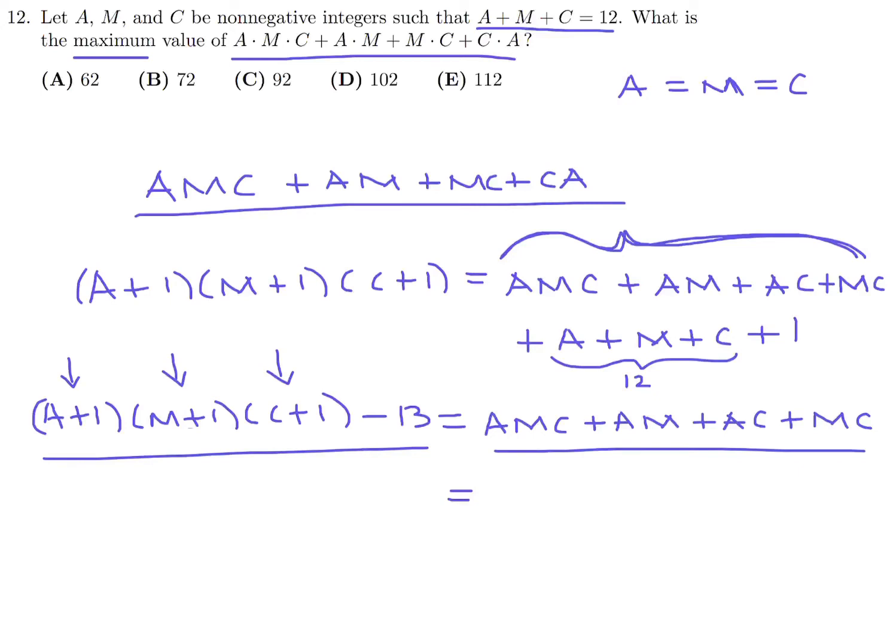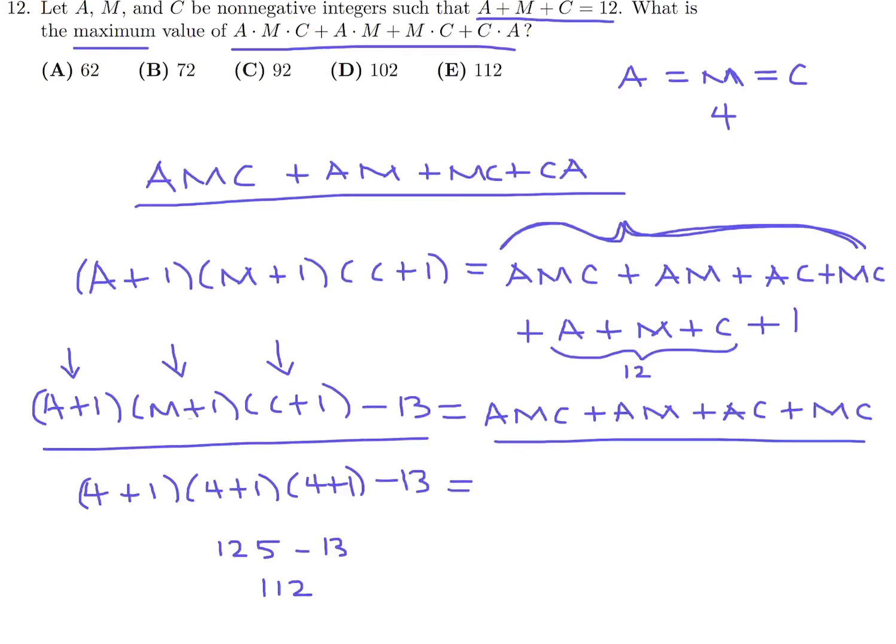And in our case, since they add up to 12, they will all be equal to 4. a would equal 4, m would equal 4, and c would equal 4. So that would leave 4 plus 1, 4 plus 1, and 4 plus 1 like that, minus 13. And this is 5 times 5 times 5, which is 125, minus 13, and that would be 112.